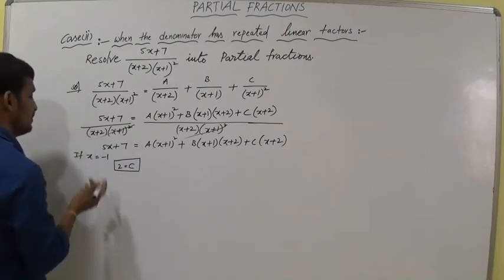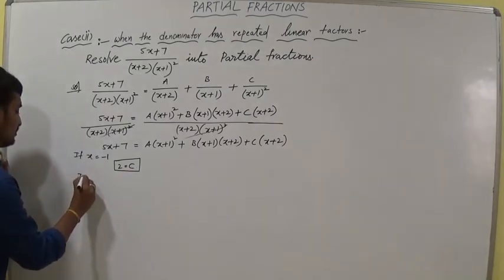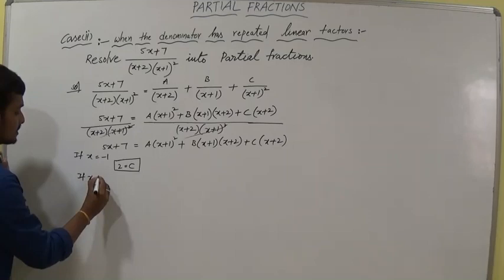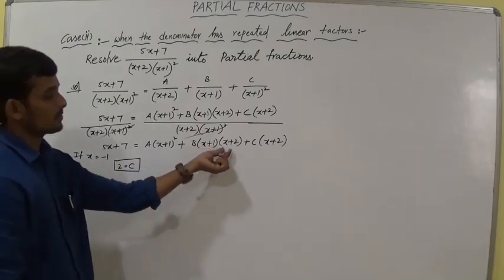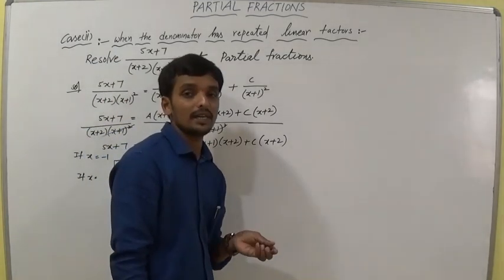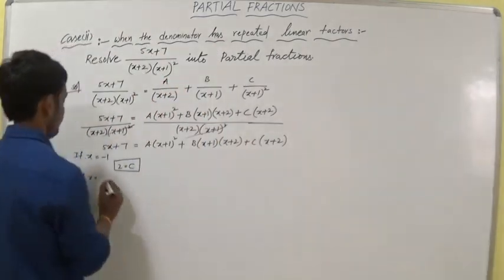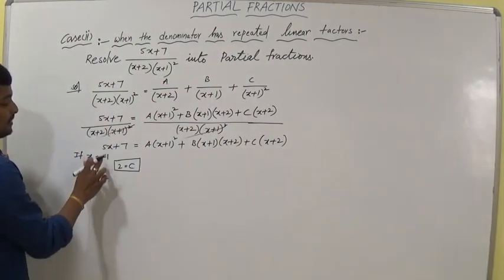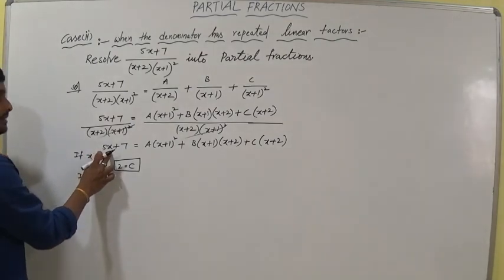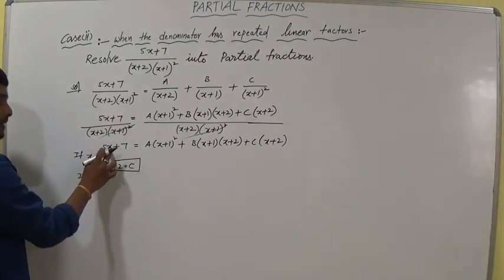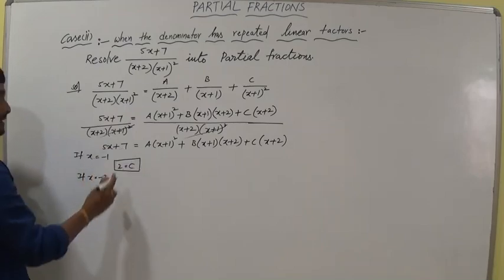2. The next one. If x is equal to, what can you guess? Here x plus 2 is the factor. Now I am taking x is equal to minus 2. 5 into minus 2 is minus 10. Minus 10 plus 7 is minus 3.